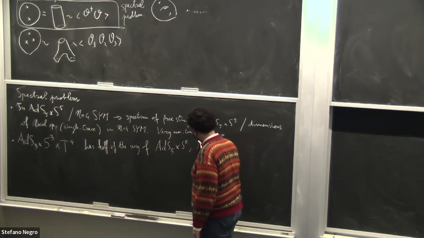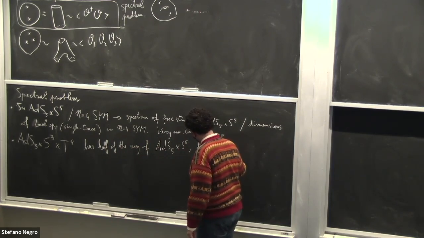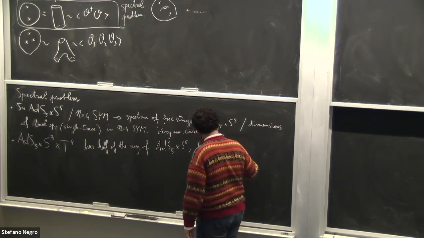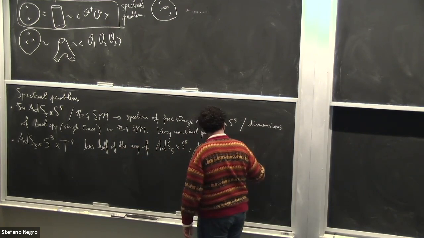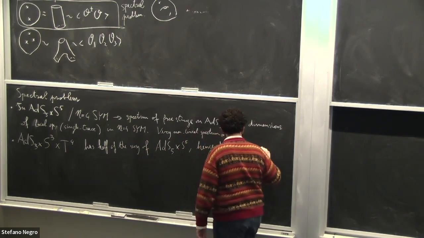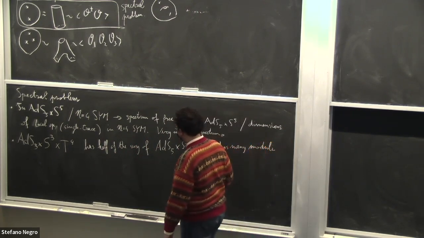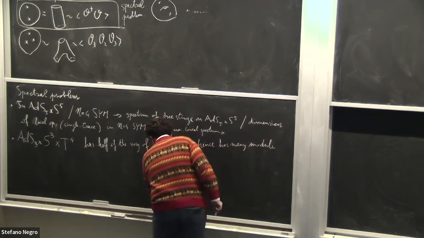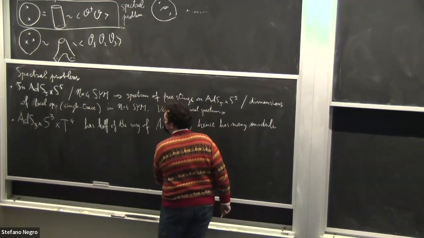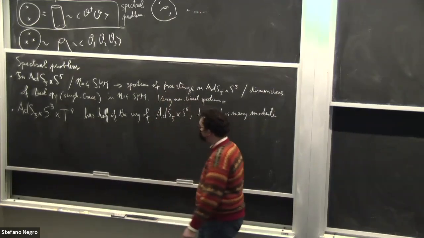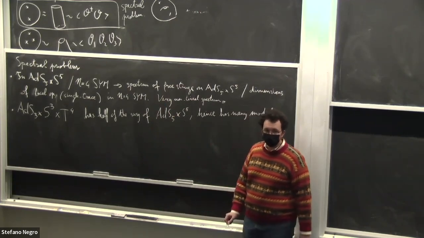And because of this, it has many parameters. So whereas in AdS5 x S5 at large N, I only had to worry about the 't Hooft coupling, here things are a little bit more complicated.